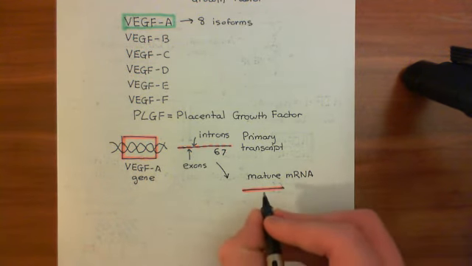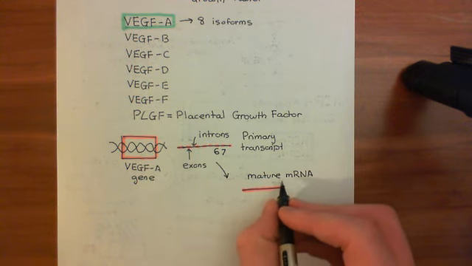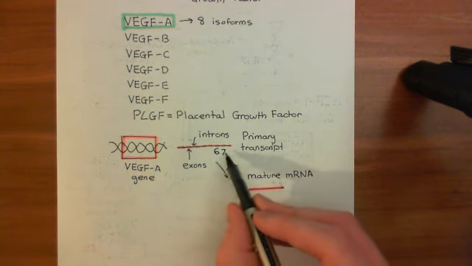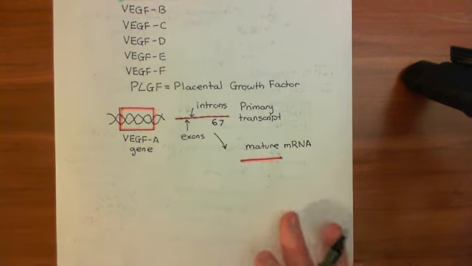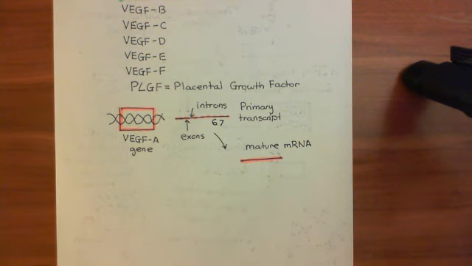Okay, you can actually end up with lots of different mature mRNAs depending on how you splice the primary transcript. So it's this differing ways of splicing the primary transcript that then lead to the different isoforms of vascular endothelial growth factor A.